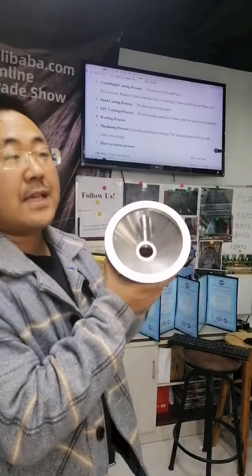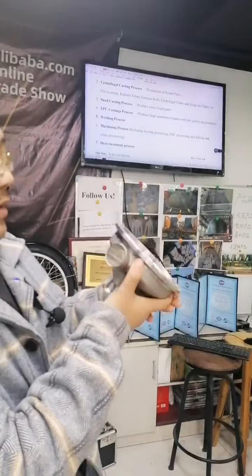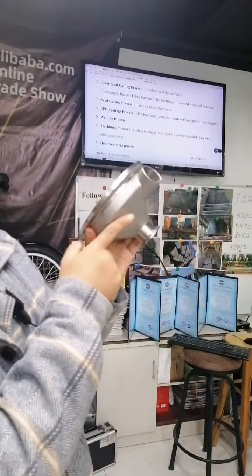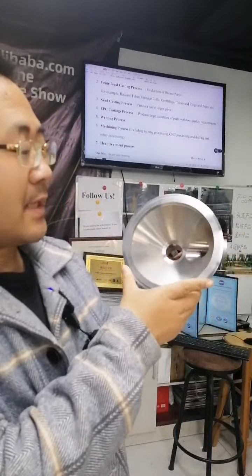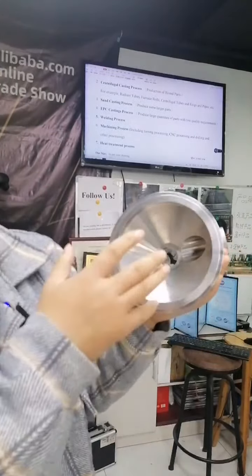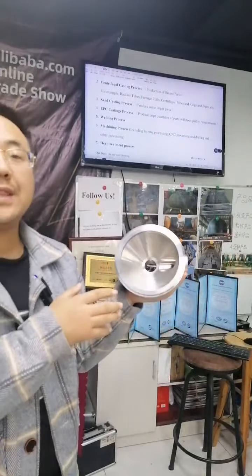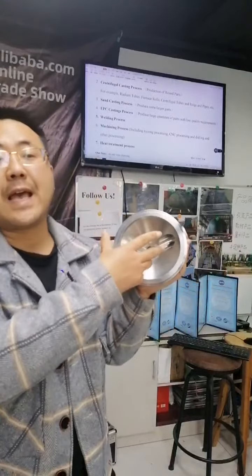This is our SS316 material. Also uses the lost wax casting programs, and we also do CNC machine programs like this. So this finish is very beautiful, and the RA is more than 3.2, and tolerance size is about CT7.